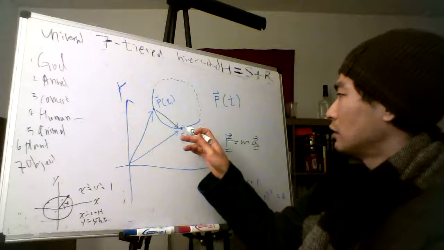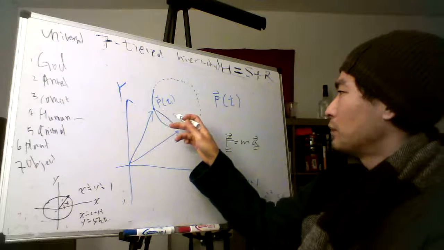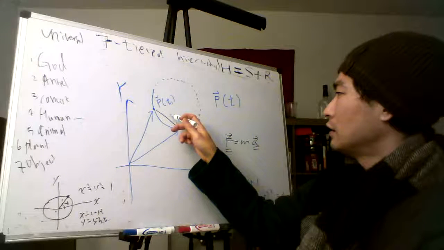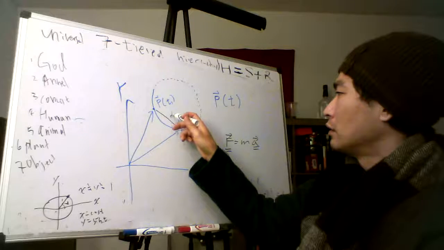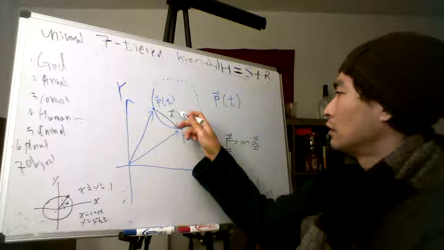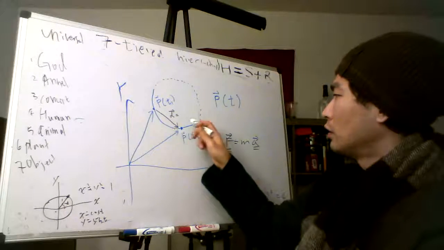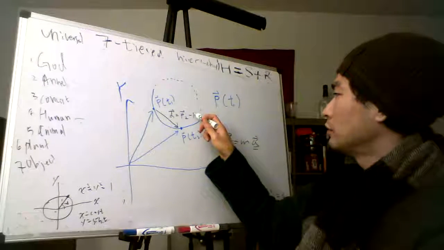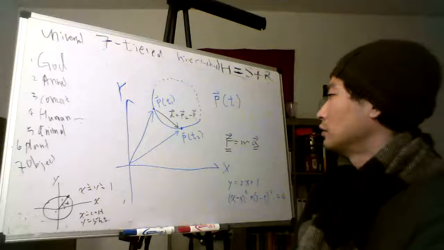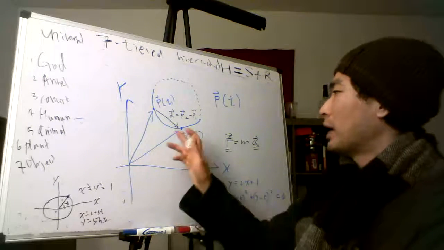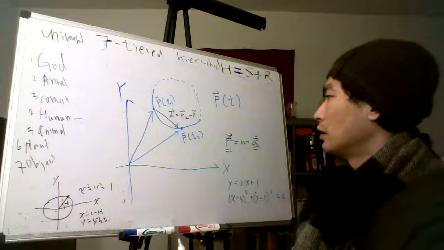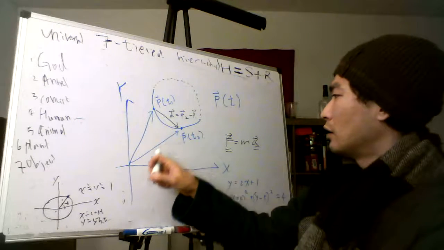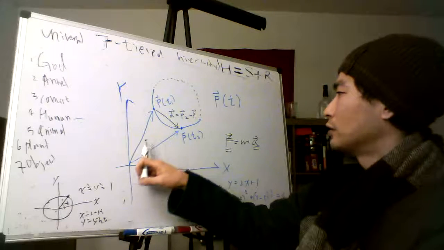So this displacement vector, let's say D, is equal to P2 minus P1. Okay, the vector subtraction is like this: the terminal vector minus the origin vector.